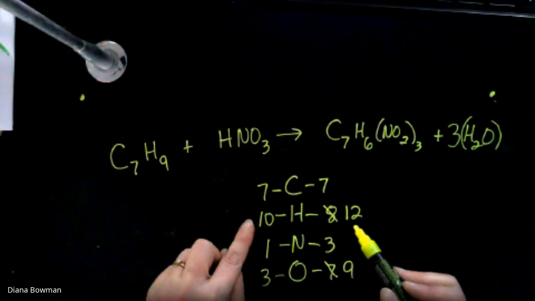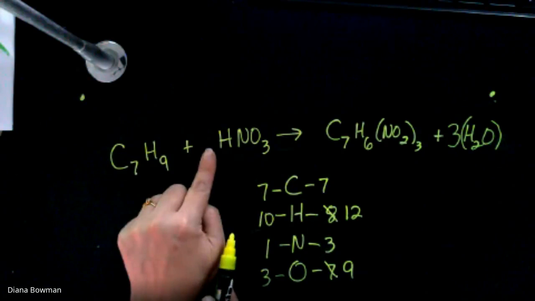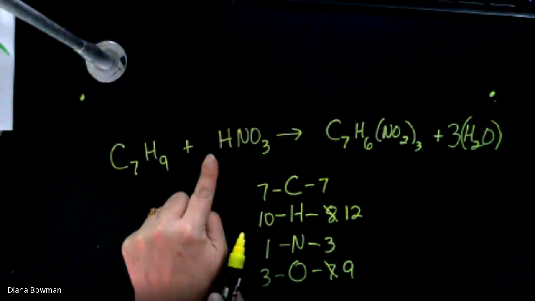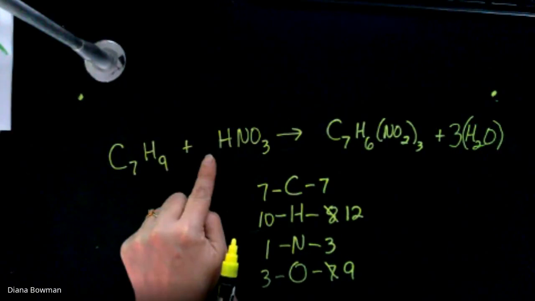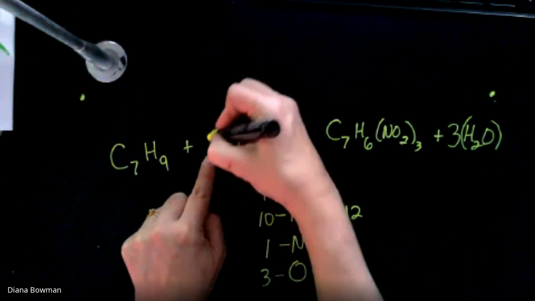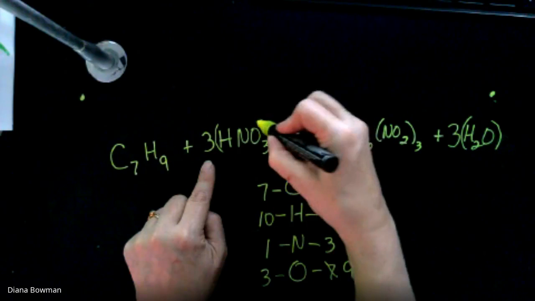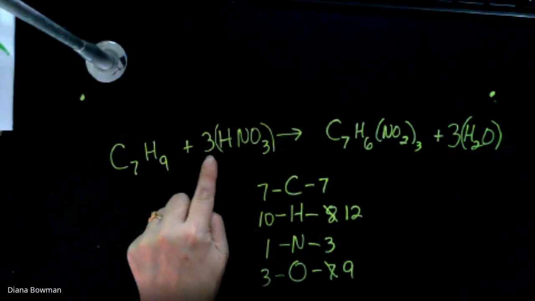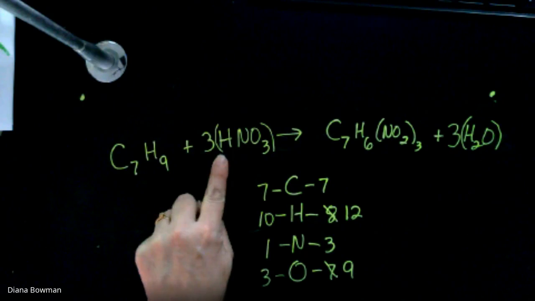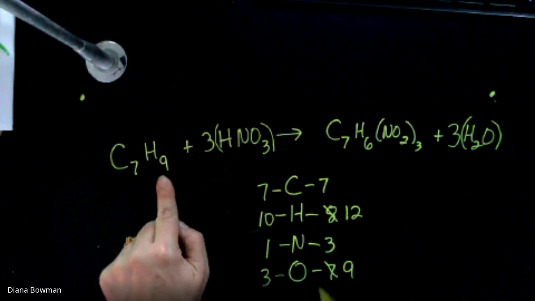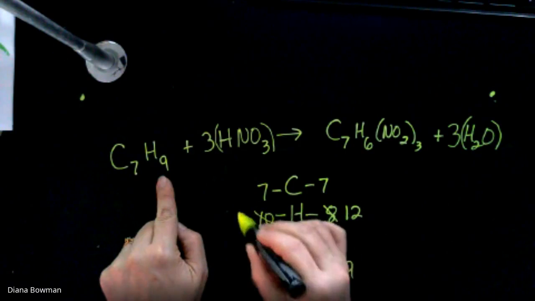And now I'm going to come over here to this side. And what should I put here? How about if I put a 3 here? If I put a 3 there, that's going to be 3 times this whole quantity, right? So that gives me 3 hydrogens here, plus another 9 there. Hey, that's 12, isn't it?